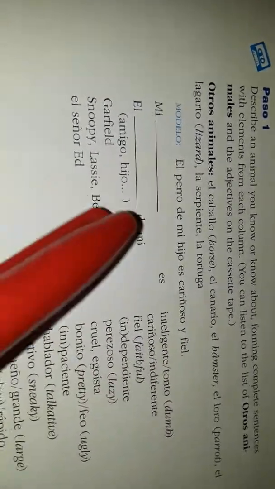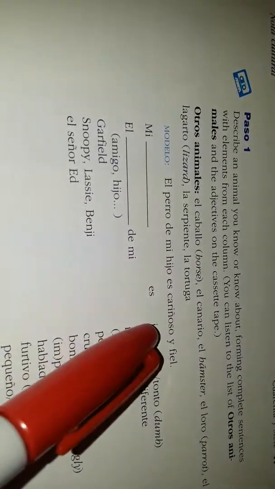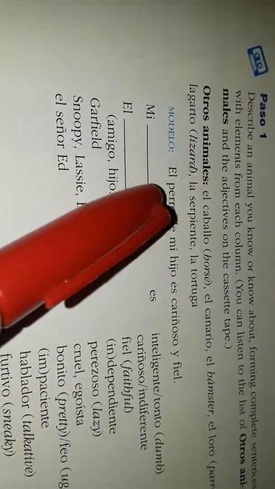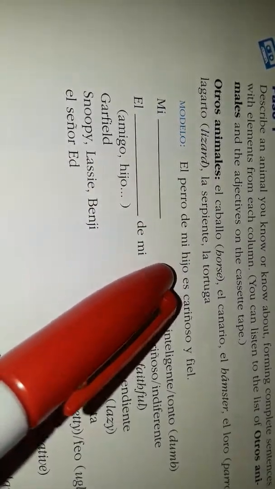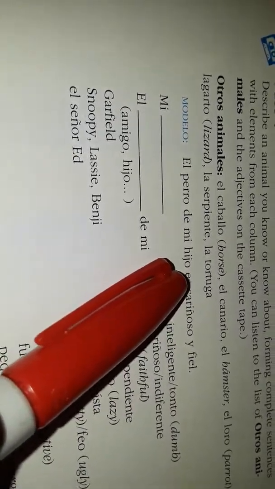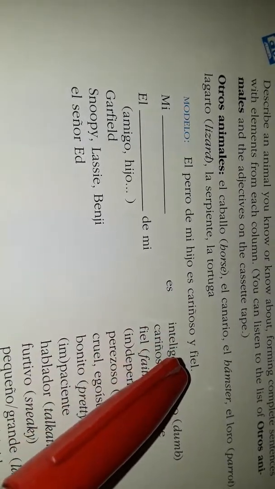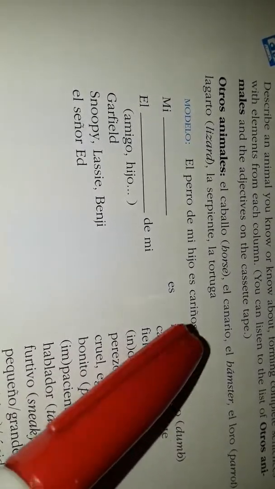Okay, so el perro de mi hijo es cariñoso y fiel. He's saying, el perro, the dog, that's one dog, de mi hijo, that means what? Of my son, he is cariñoso, he's very caring, y fiel, and that word fiel means faithful.